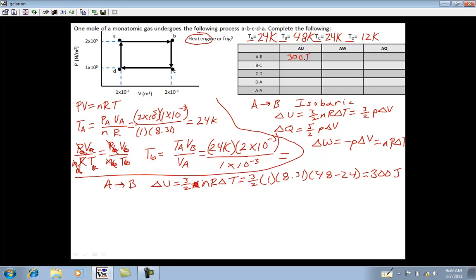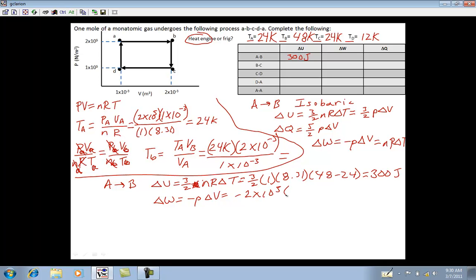Okay. And then I can solve for delta W. To solve for delta W, what would I have to use when I go from A to B? Yeah, I can go negative P delta V. Because if it's negative P delta V, what P am I going to use there? 2 times 10 to the 5th.